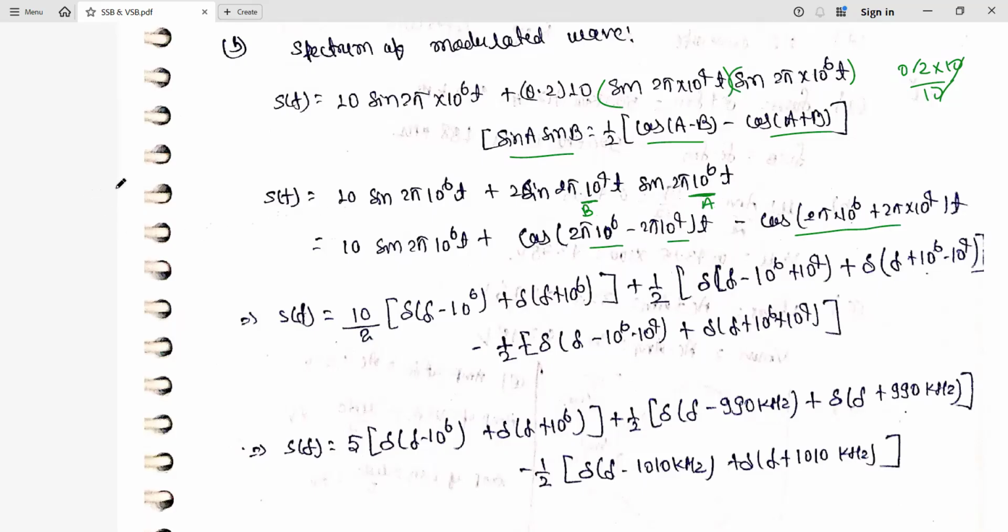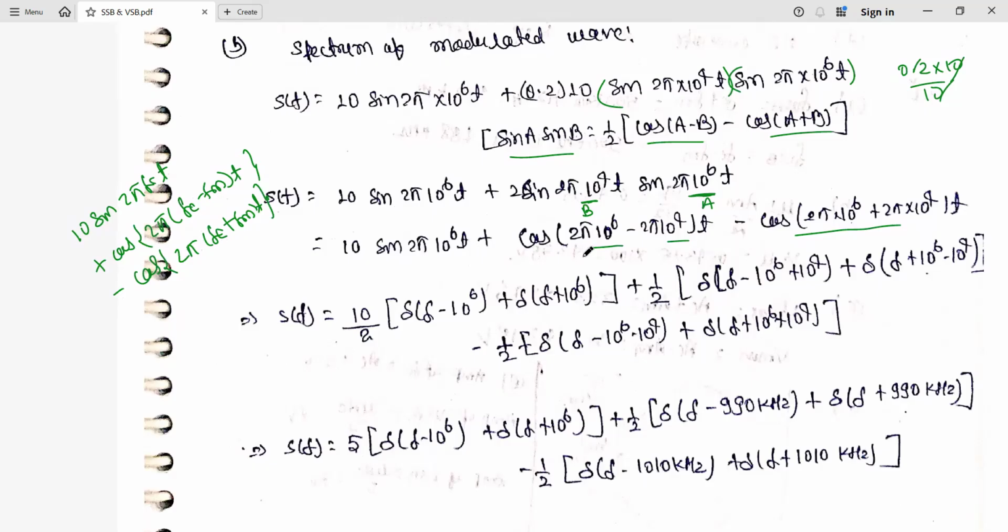So this can also be written as 10 sin 2π fc t. Again, the second term is cos 2π (fc minus fm) t. And the third term is minus cos 2π (fc plus fm) t.